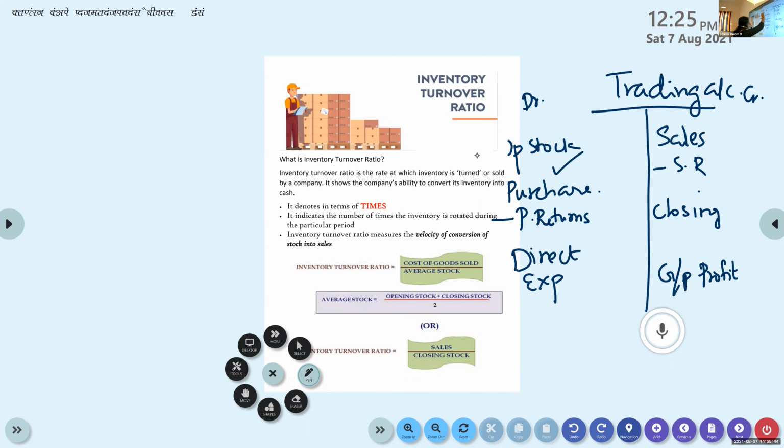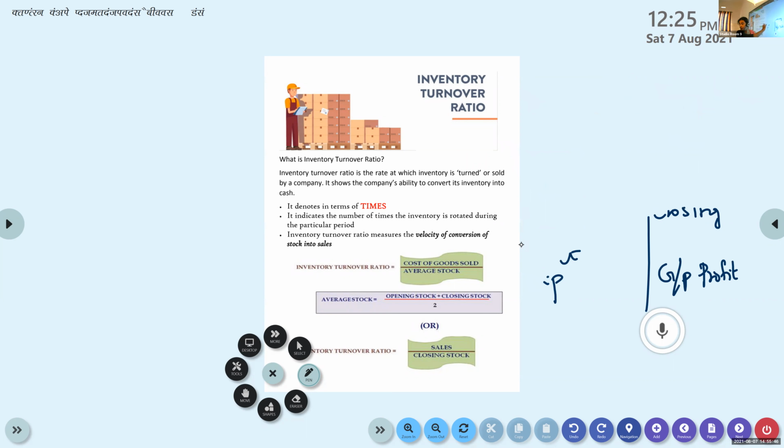That will give you cost of goods sold. So based on the debit side, COGS is equal to opening stock plus purchases plus direct expense minus closing stock.